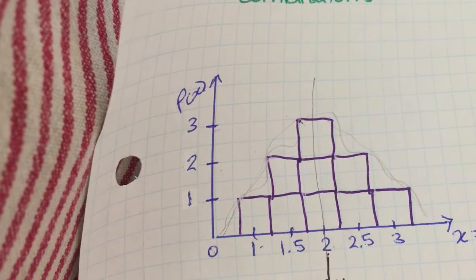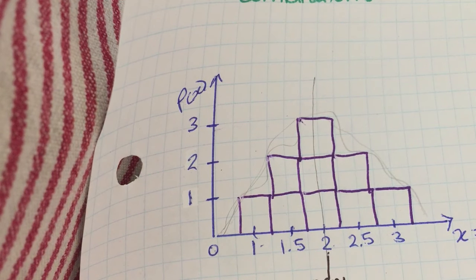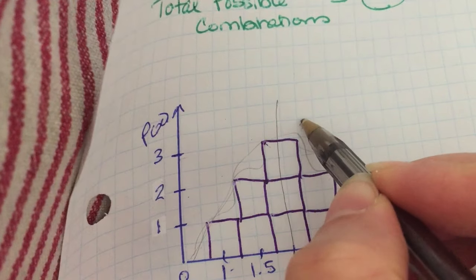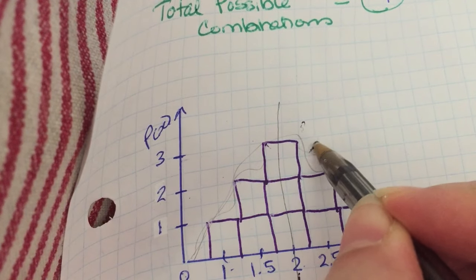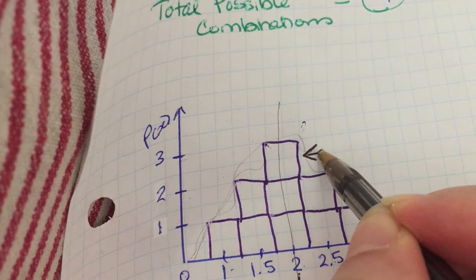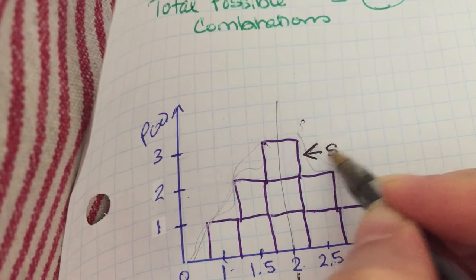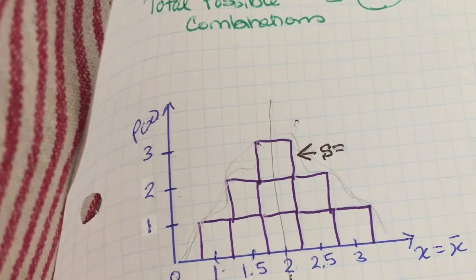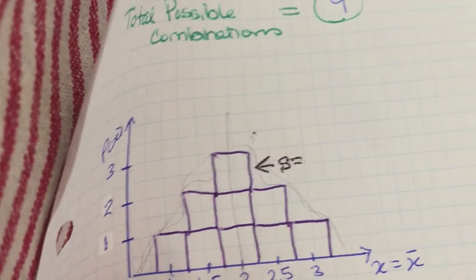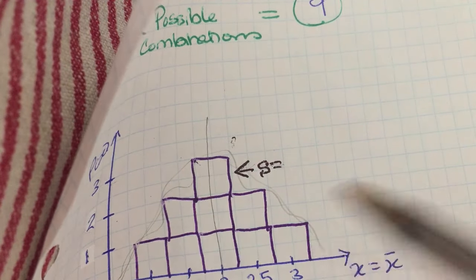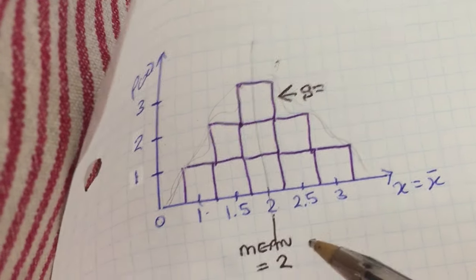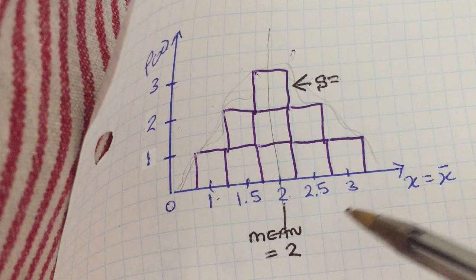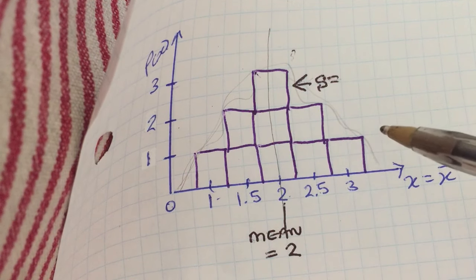All right, so now what I want to do from here also is to do my standard deviation, and I believe that's just marked with an S. Okay, so how I get the standard deviation is I basically count all the distances from the mean of all these values, and then I square them.